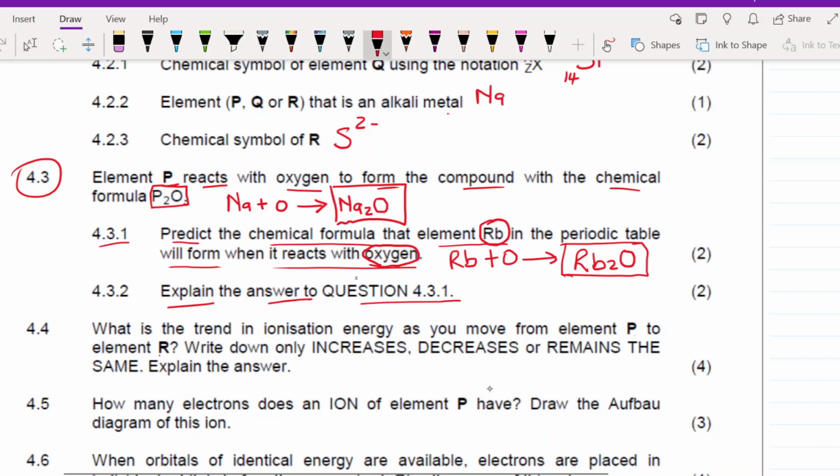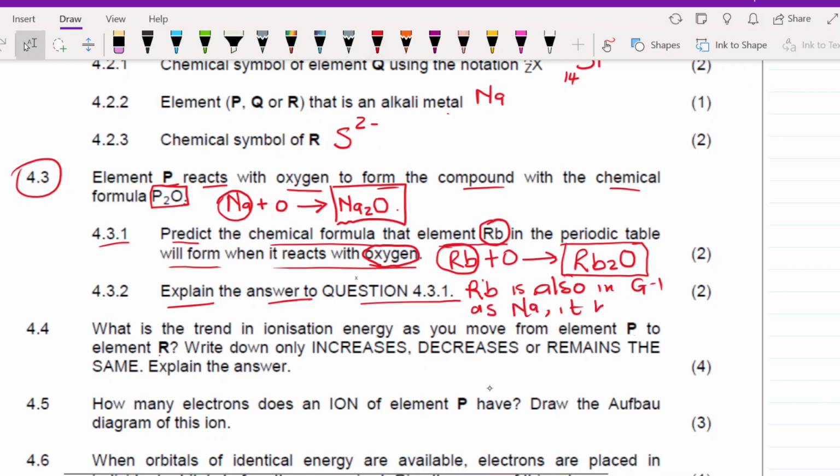To make life easy, because sodium is in group 1 and it formed this compound, and rubidium is also in group 1, it formed a similar compound. You can say there, the reason we got that compound is because Rb is also in group 1 as sodium.